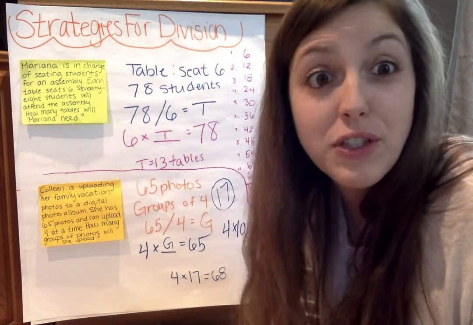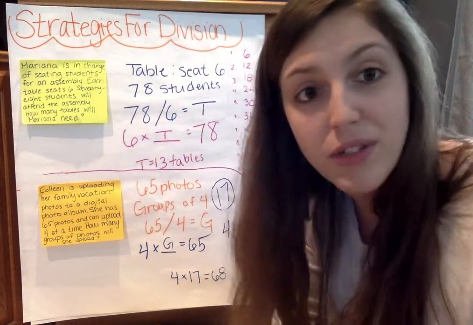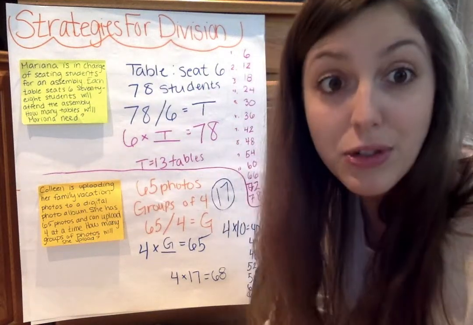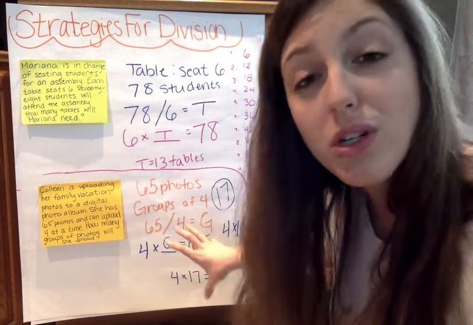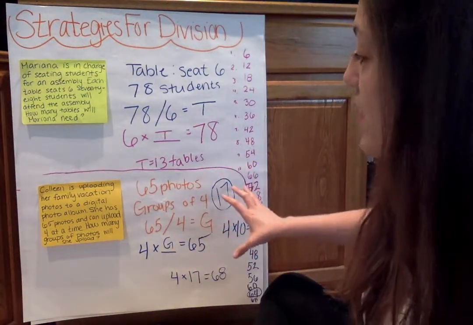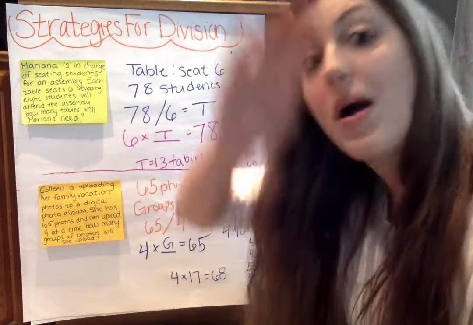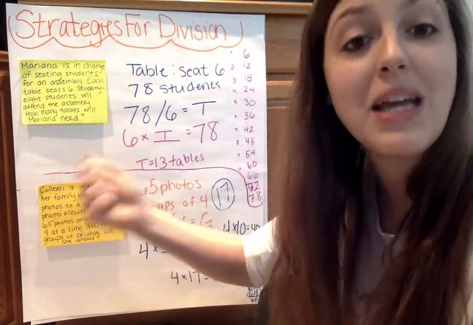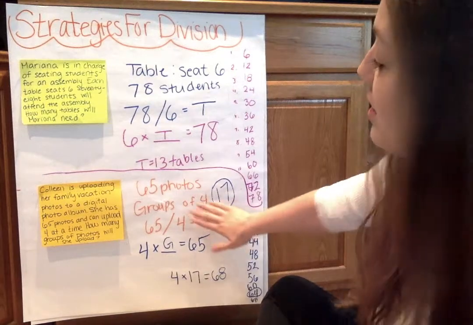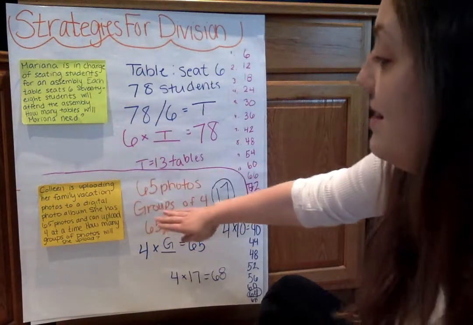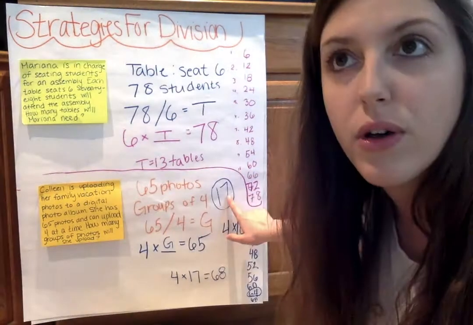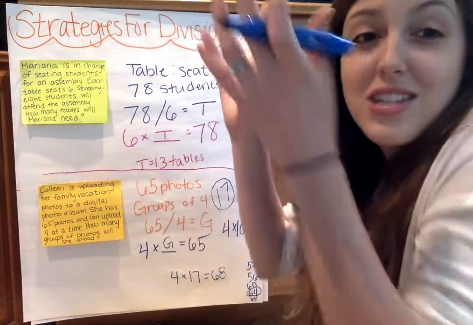This happens in real life too a lot of the times. You're not going to have perfect groups. You're going to have things called remainders. But when you're working with word story problems, use your knowledge of knowing, okay, I can't have something not in a group. So I'm going to go up to the next group to make my answer. So our answer here would be, okay, Colleen needs 17 groups of photos to get all of her 65 in there.